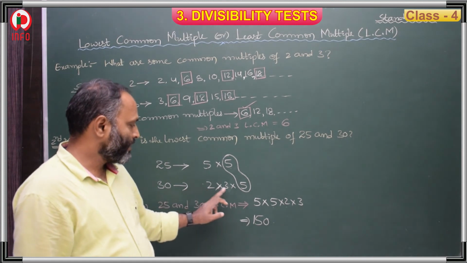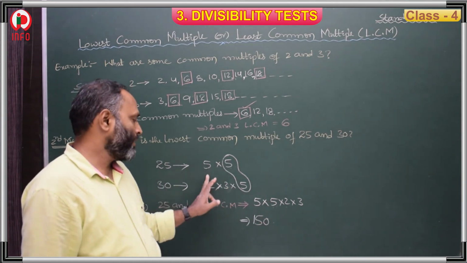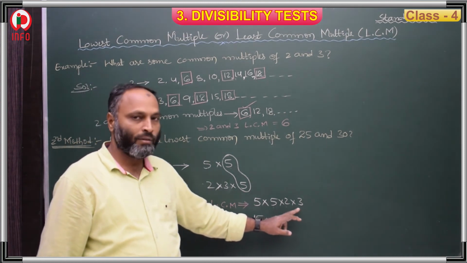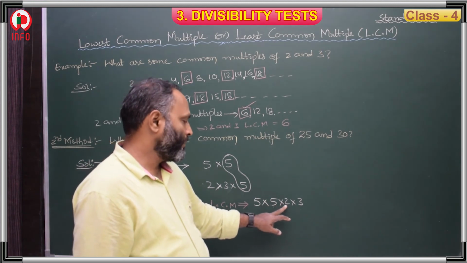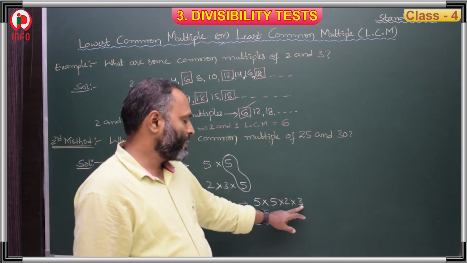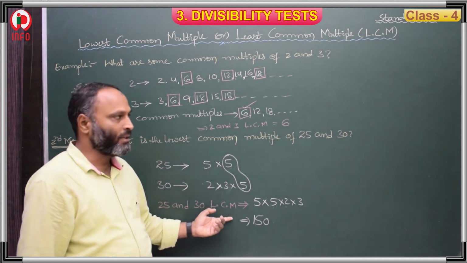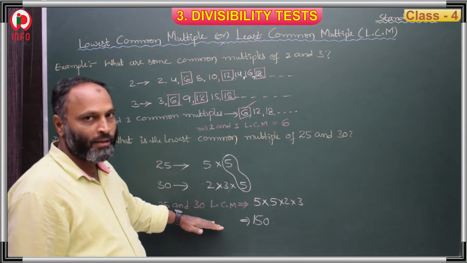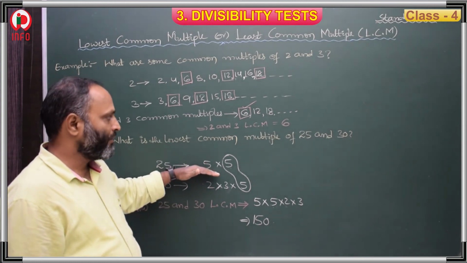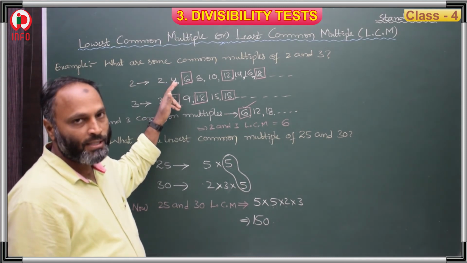Then whatever is left other than the common factor, we take in the product: 5 into 2 into 3. Now we multiply: 5 5s are 25, 25 2s are 50, 50 3s are 150. This is the LCM of 25 and 30. The first method is writing multiples, and the second method is the prime factorization method, to find the least common multiple.